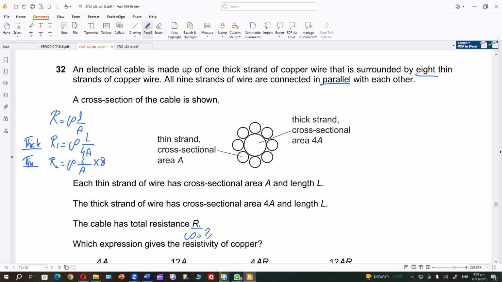What's the formula for parallel combination? 1 divided by R equals... Well, we can use that also, but overall, there are 2 resistors. One is a combination of 8. Can we use that R1, R2 upon R1 plus R2?